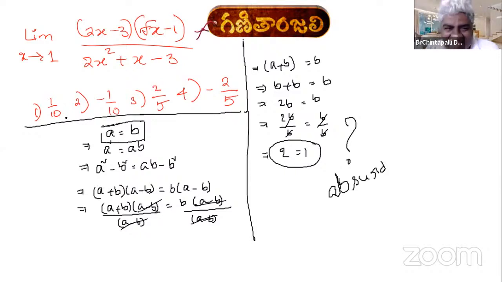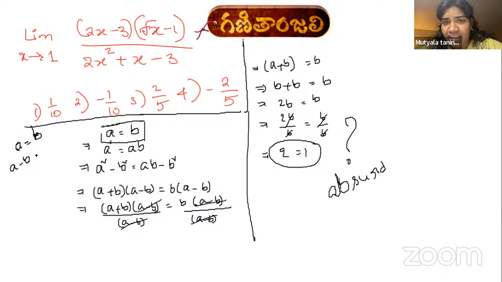Now see, let us take A is equal to B. If A is equal to B, then what is A minus B? It is 0.